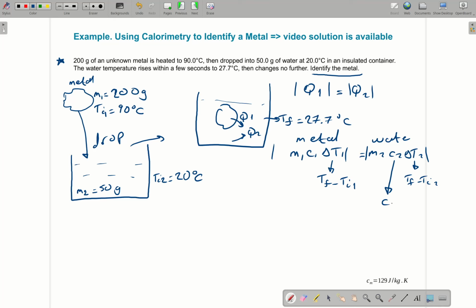C2 is the C of water, you know that. You know the masses, convert to kilograms. C1, you don't know? You find that. Check the table to see what it is. So attempt to solve this, find it, check the table and see what it is, and then watch the video. All right, I will see you again soon.